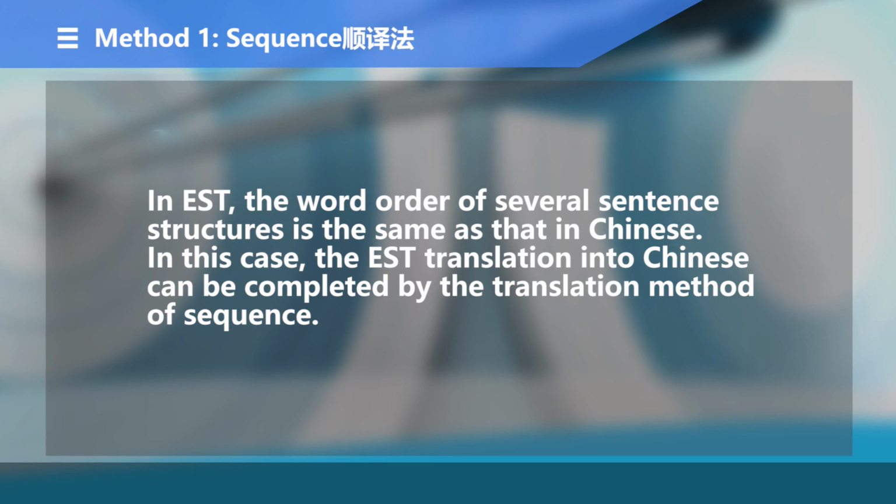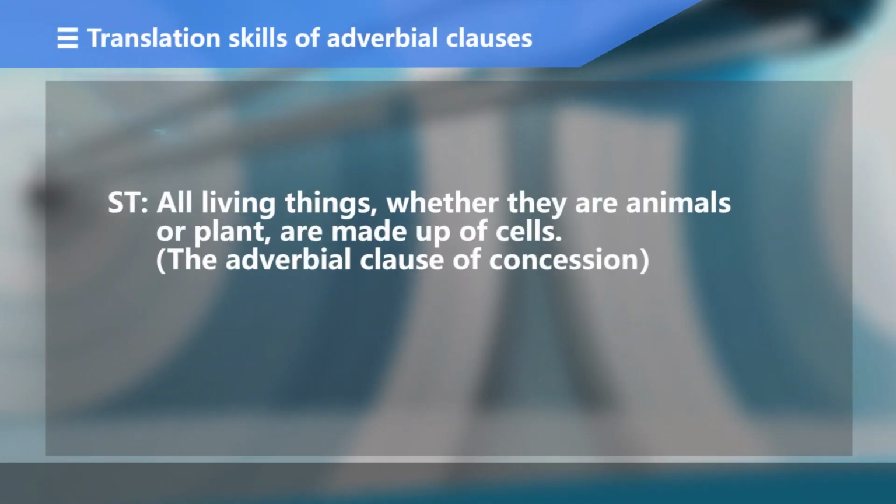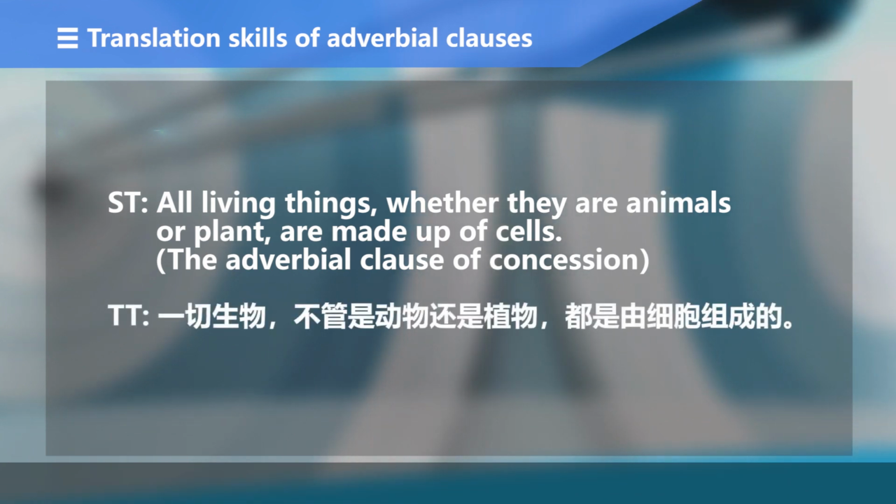Method 1. Sequence. In EST, the word order of several sentence structures is the same as that in Chinese. In this case, the EST translation into Chinese can be completed by the translation method of sequence. Please look at the following 2 examples, example 1 and example 2.